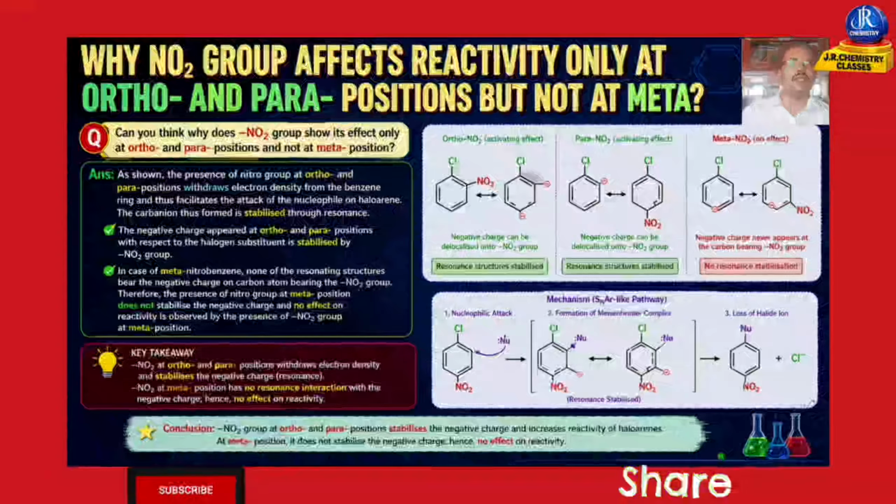Therefore, the presence of nitro group at meta position does not stabilize the negative charge and no effect on reactivity is observed by the presence of NO2 group at meta position.